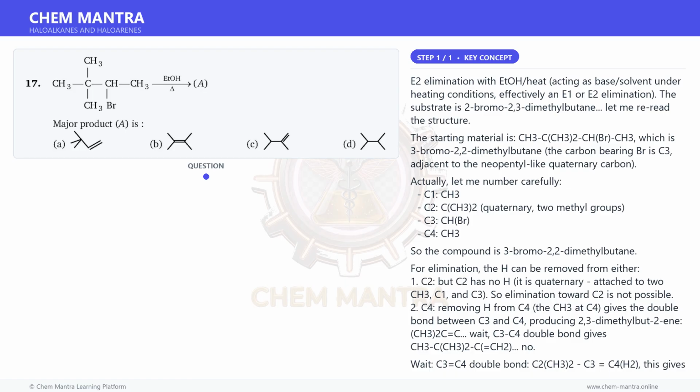After the 1,2-methyl shift, the carbocation moves to C2, giving CH3, C+, CH3, CH, CH3, CH3, a 2-methylbutane-type tertiary cation. With the extra methyl, this tertiary carbocation can lose H from C1 or C3.